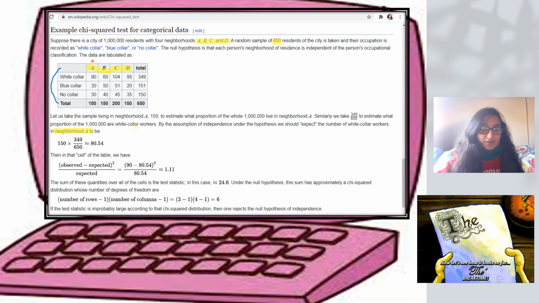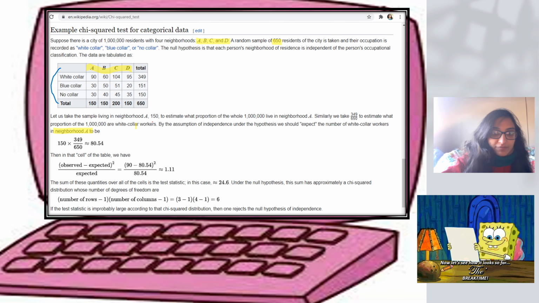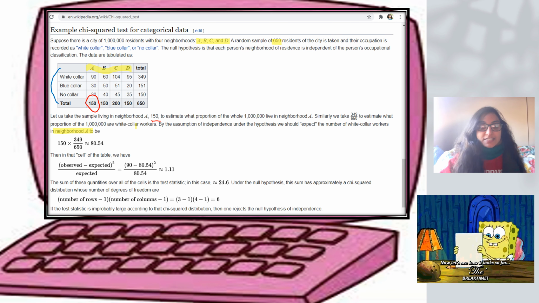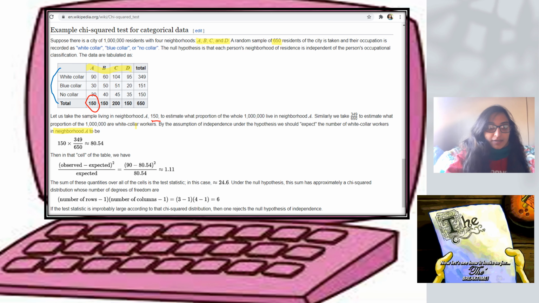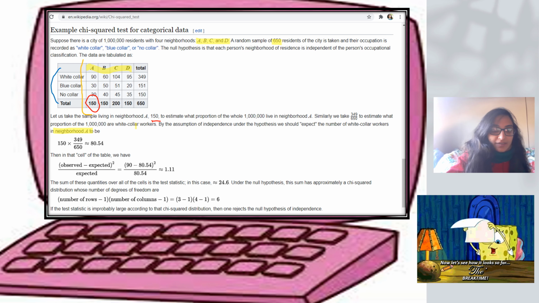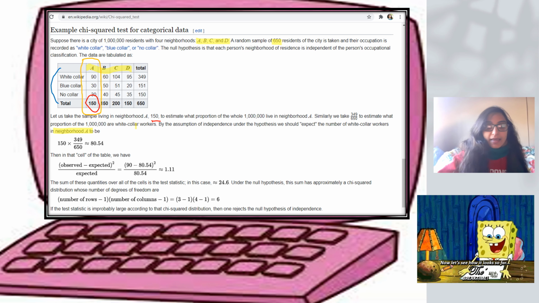So for instance, let's look at neighborhood A, and we're going to find that, okay, in neighborhood A we have about 150 people. Oh, sorry. 150 people to estimate what proportion of the whole 1 million people live in neighborhood A. So we're going to focus on A essentially, and we're going to find that there are 150 people in A, and we're going to focus in particular on the white collar.